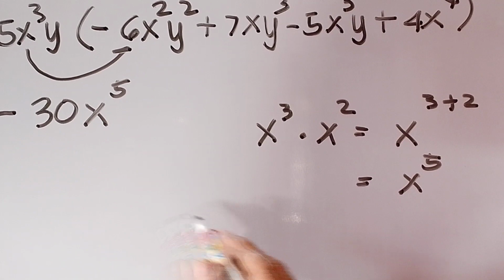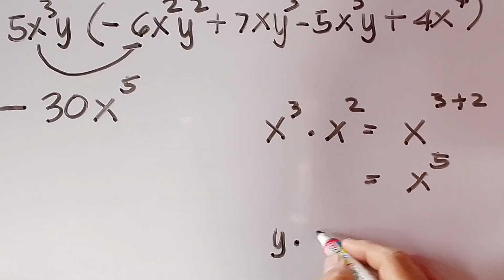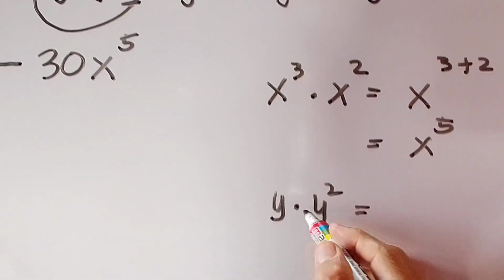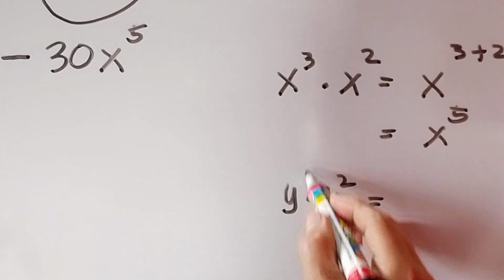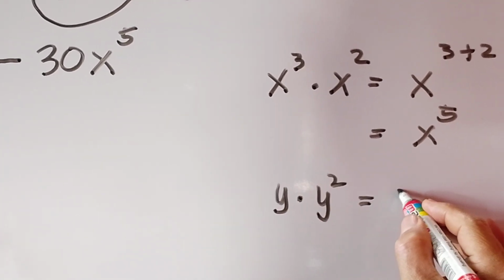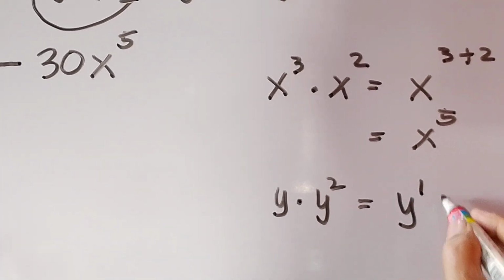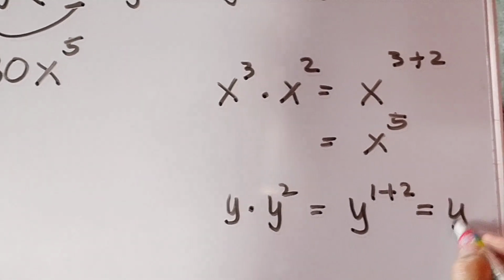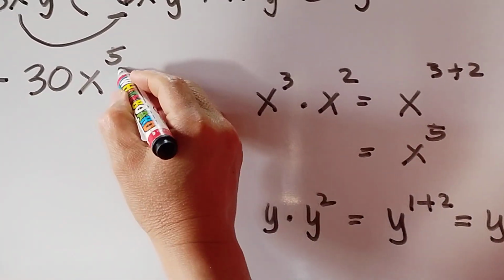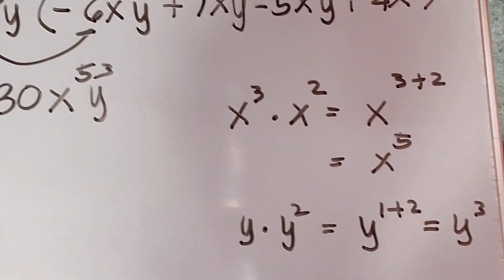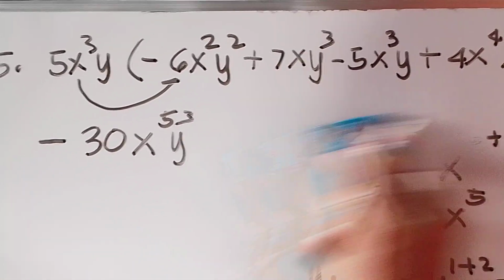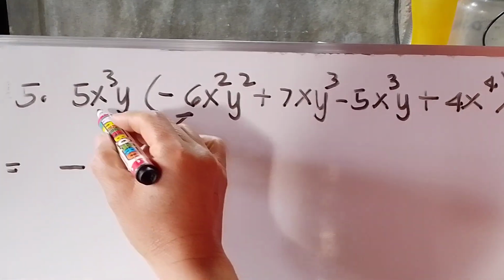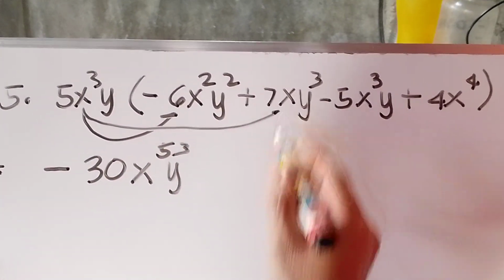The next variable is y. So we have y and y squared. Since we know that there is an invisible exponent of 1, this will be y to the 1 plus 2, which is equal to y cubed. Then let's move to the second term.